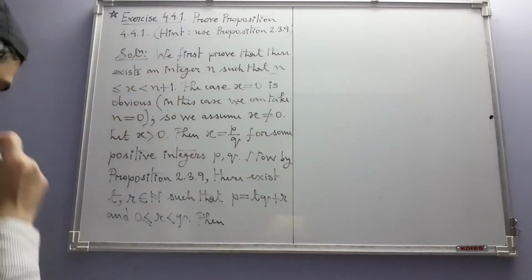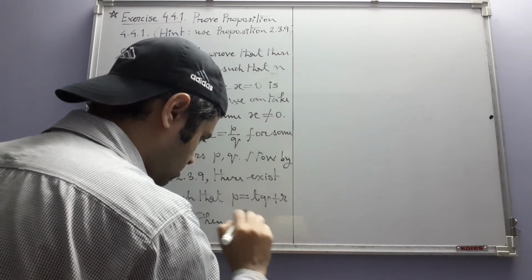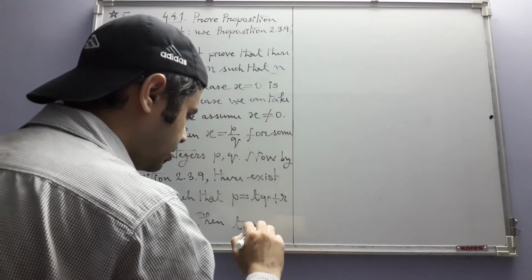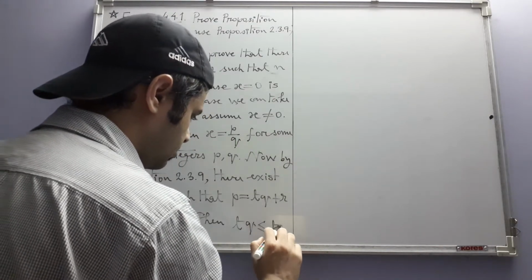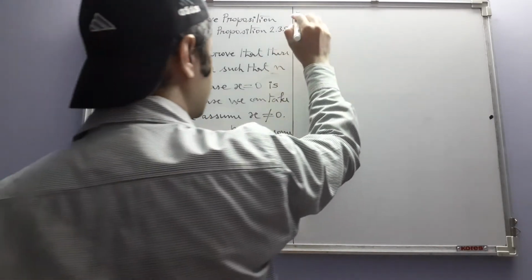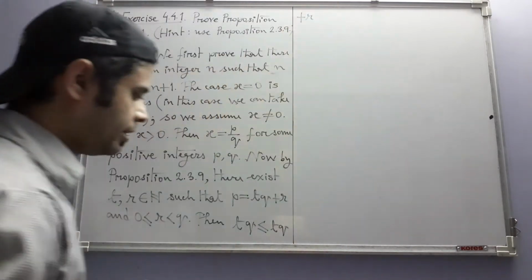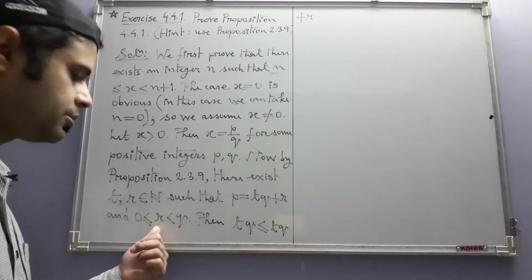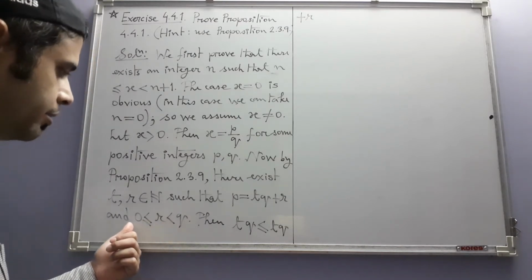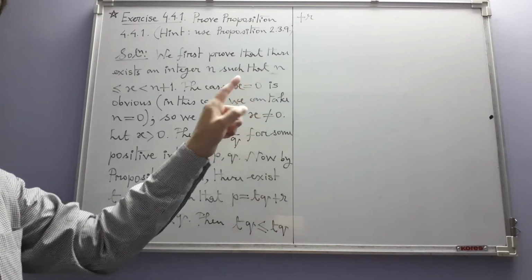Then what about tq? Note that tq is less than or equal to tq plus r. Why is that so? Because r is non-negative. To both sides of this inequality, you can add tq. That will give us this inequality.